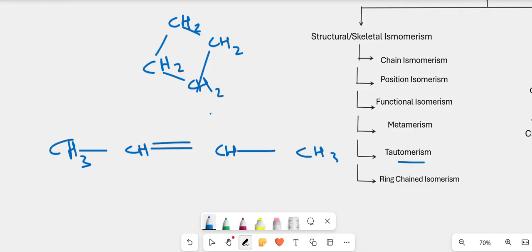They have different structural arrangements, and they are chain isomers. This type of difference, where they have the same molecular formula but different structural formula, such that one of them is a ring compound and the other a chain, is known as ring-chain isomerism.